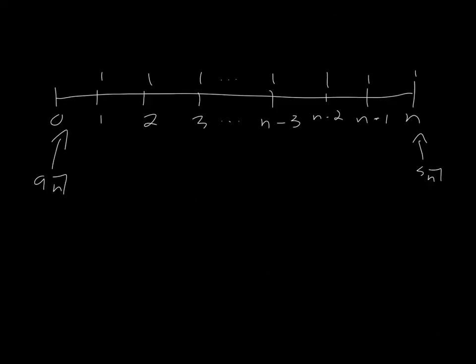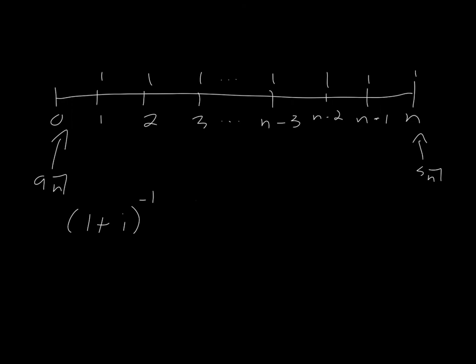Now let's consider what A angle n equals. This time we're looking at interest being earned backwards. So the dollar at time 1, well, at time 0, that dollar has a value of (1 plus i) to the negative 1.